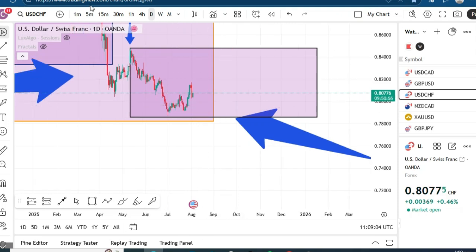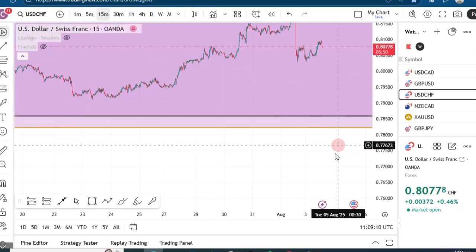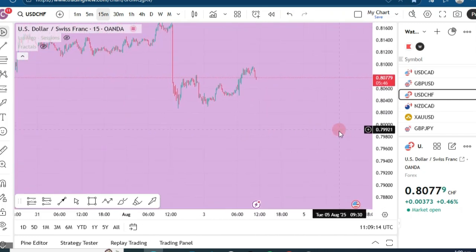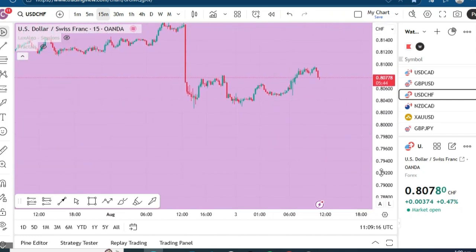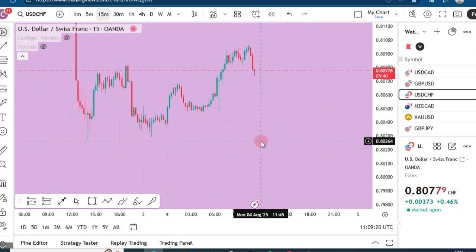But let's go on to the smaller time frames, the 15-minute time frame. So on the 15-minute time frame, you know what you have to do now, since you can see the way price is acting. On the 15-minute time frame, I can just do something which is like the contrary.